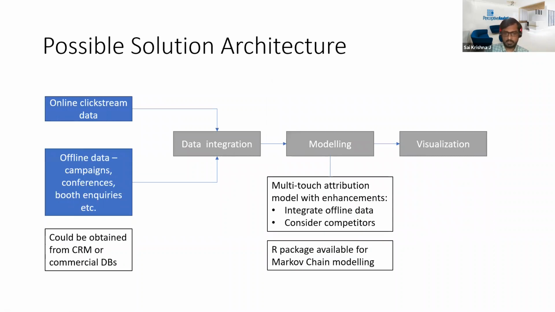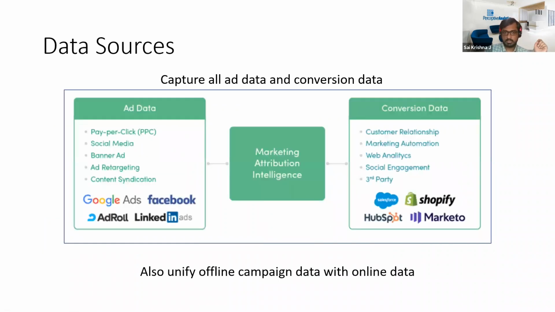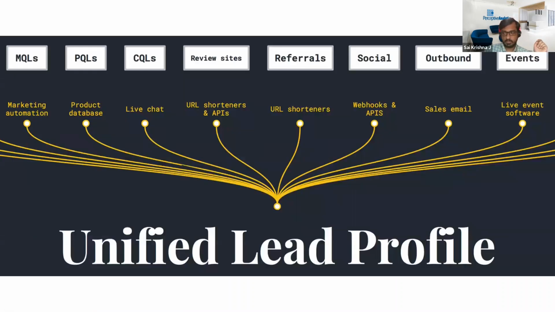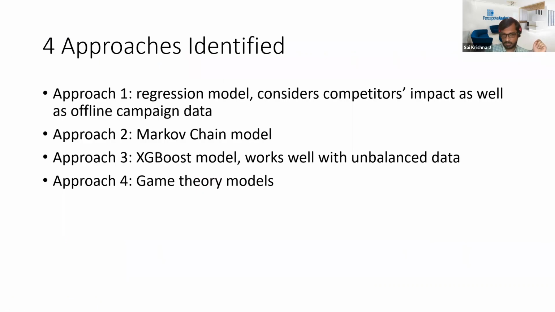We also saw a possible solution architecture with different types of data sources, and then something like a unified lead profile. So there are different interactions and different touch points, but everything is related to one single account or one single prospective customer company. That is what we call the unified lead profile. Until here, we covered it in last week's session.